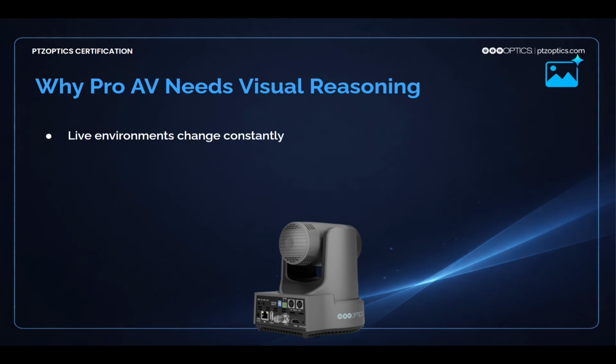Now, why does ProAV need visual reasoning? Well, we have live environments that are constantly changing. It's near impossible to build a computer vision model for every single situation that we're going to be in in ProAV and broadcast. And operators need explainable automation, right? We need to be able to discuss, and you'll see in this course, we're going to be able to talk to the AI and say, hey, camera A, go find me something interesting.